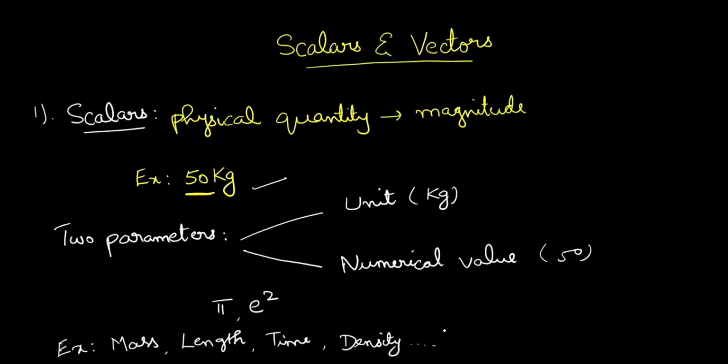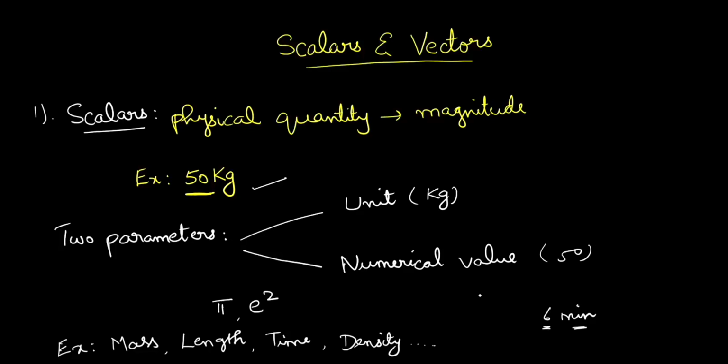If you look at these examples, take time: we can say it has 5 hours or 50 seconds or 6 minutes, whatever it is. For time we have a numerical value followed by the unit, so it comes under scalar quantities. To add on, scalar quantities can be added, subtracted, multiplied or divided using simple arithmetic methods.